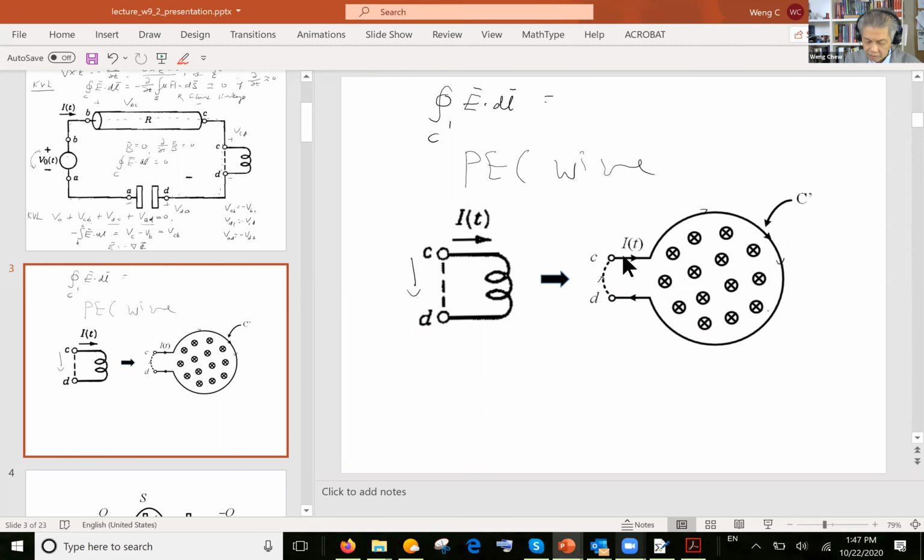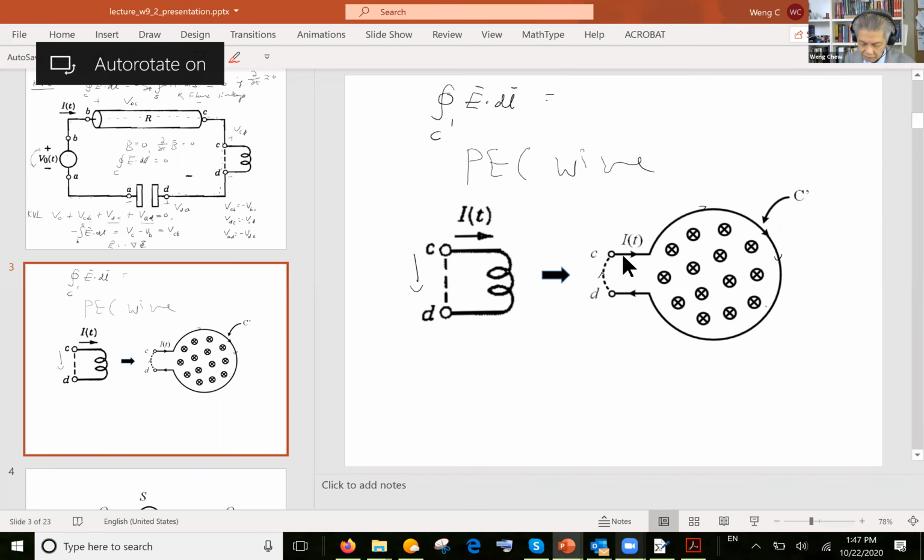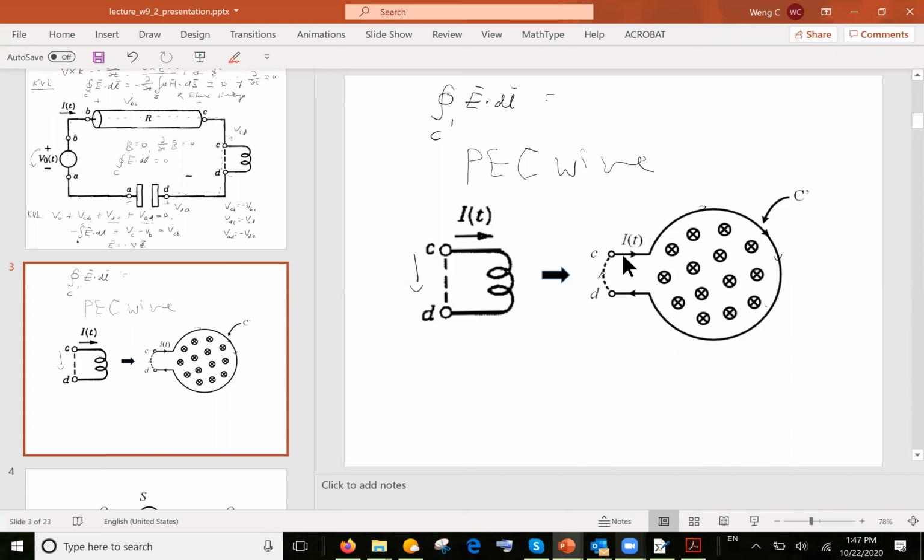Let me place my thing so that it's easier for me to write. If I assume that I have a PEC wire, then E is equal to 0 inside the wire. When I do this integration around the PEC wire, around the loop C prime, the only integration that is not going to be 0 is this last bit of integration over here.